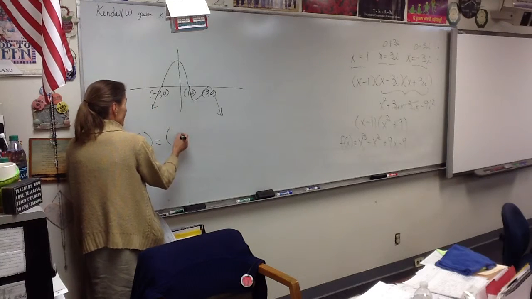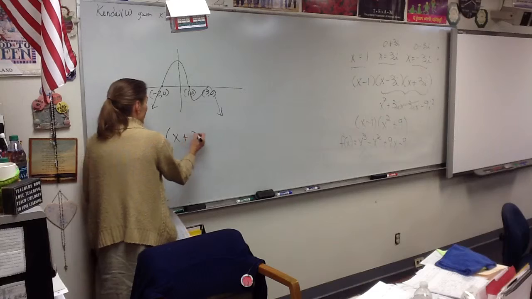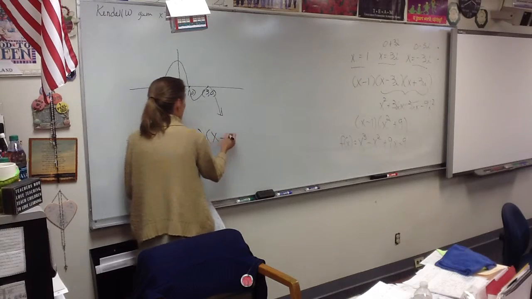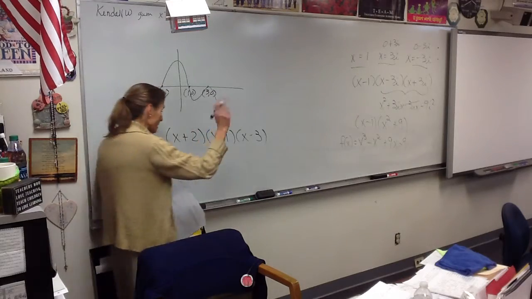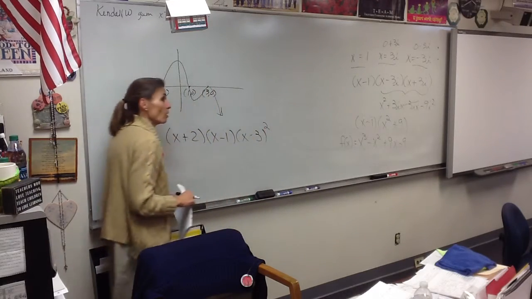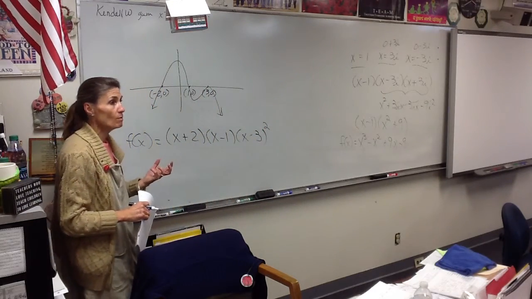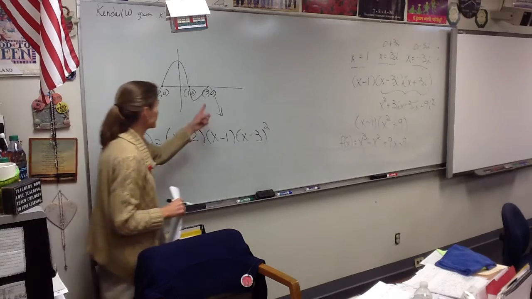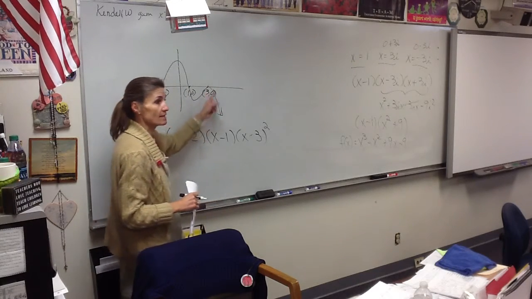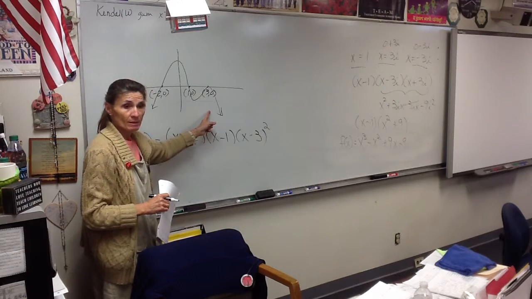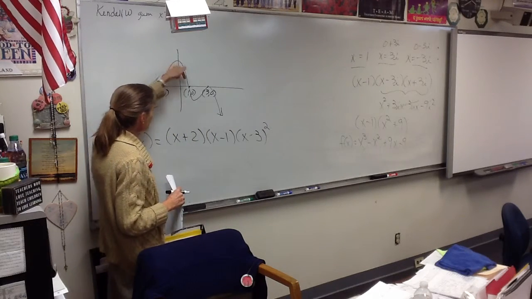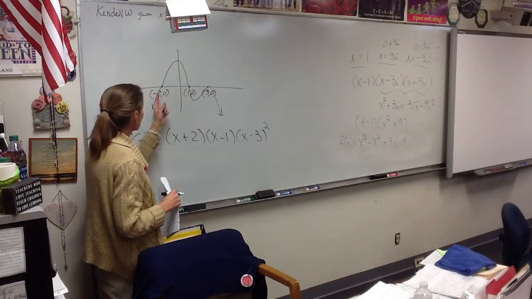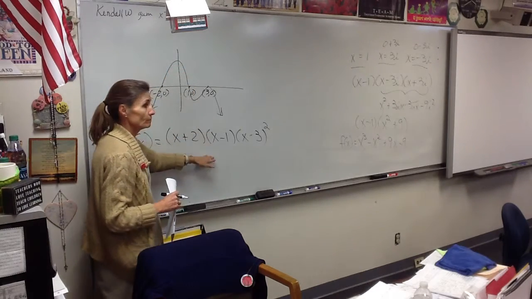That's a 0, so our factors would be x plus 2, x minus 1, x minus 3 squared. But the x minus 3 is what we call a multiple 0. It happens twice, and our picture tells us that because it's a bounce-off point. These zeros only happen once because the curve just slides right through.